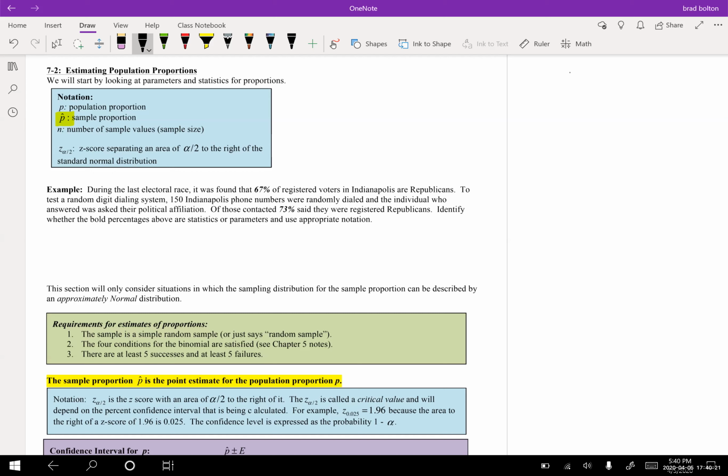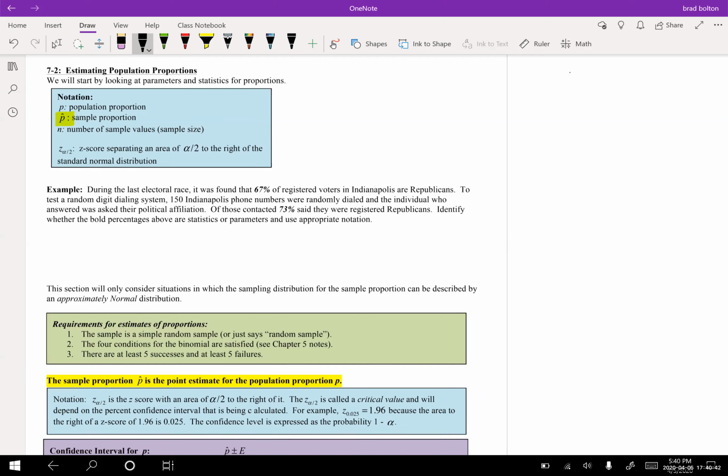That's a Z-score separating an area of alpha over 2 to the right of the standard normal distribution. So we're going to do all of this with Z-scores for right now in standard normal. And we're going to have to the left and to the right 2 zones separated by this, okay? I'll show you when we get into one, okay?